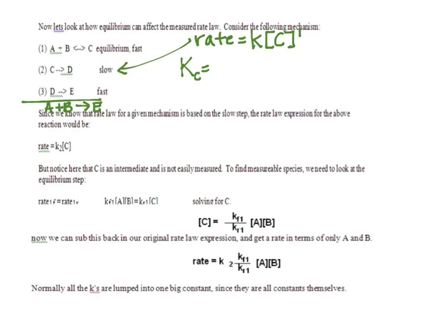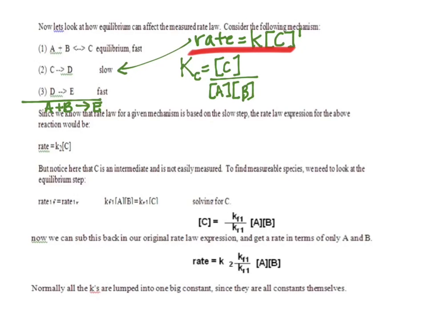mechanism. So Kc is equal to, and this is big K this time, C over concentration of A times the concentration of B. I want to get C out of that, out of this rate law right up here. I want to get C out of there.